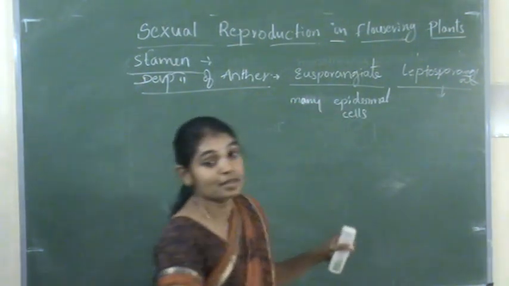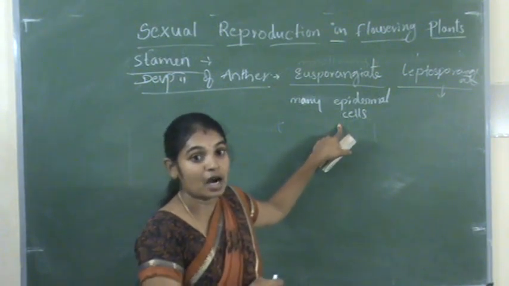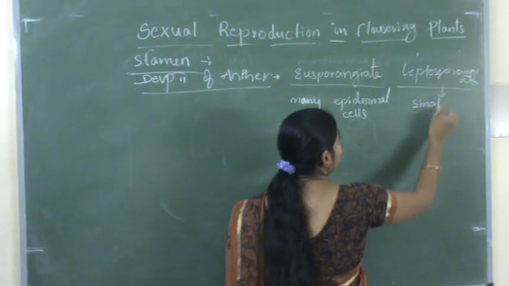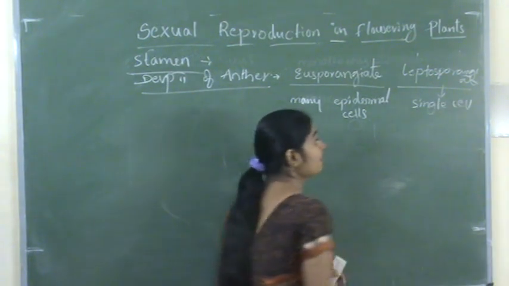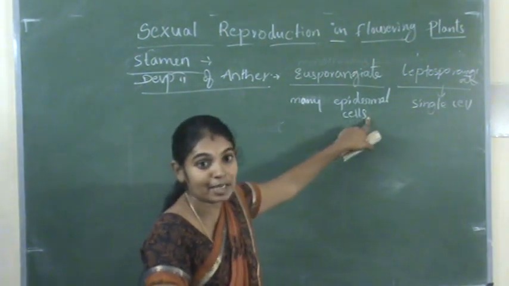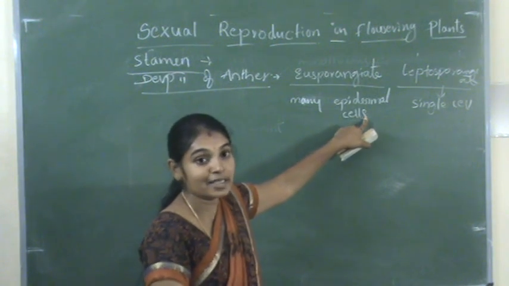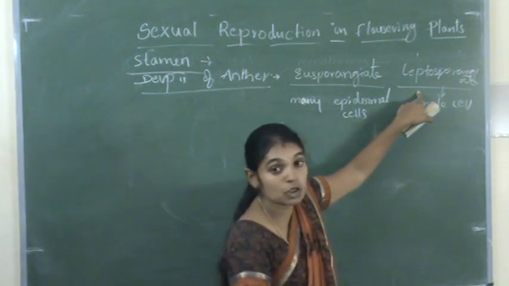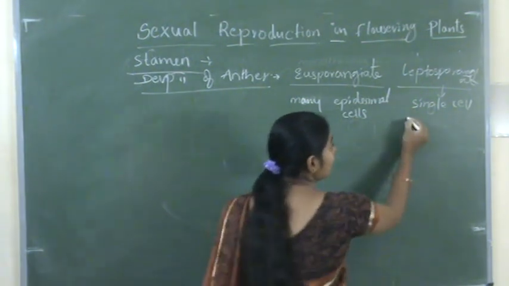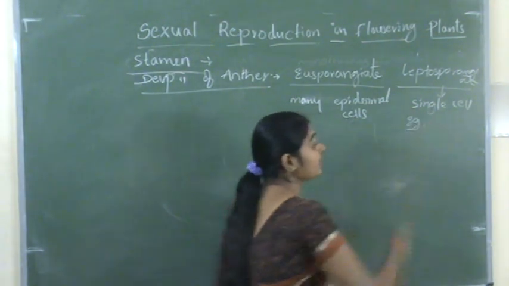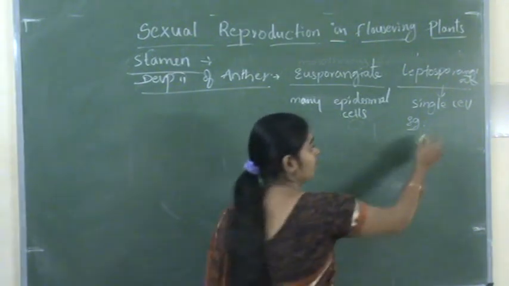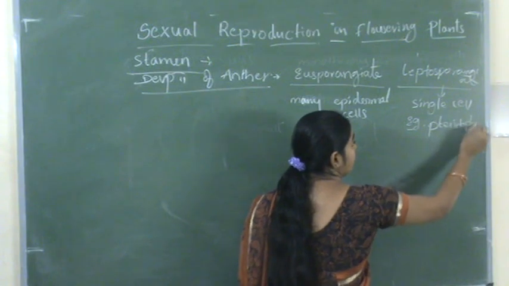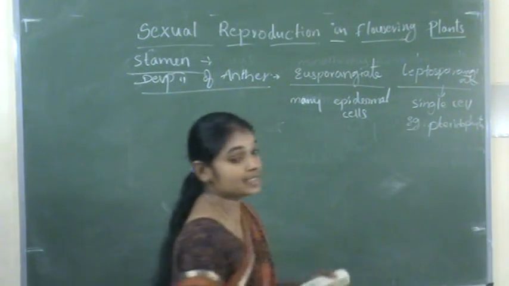And leptosporangiate means from a single cell of the epidermis layer, only a single cell. If the anther is formed from a single epidermal cell, such type of development is called leptosporangiate. An example for this is pteridophytes.